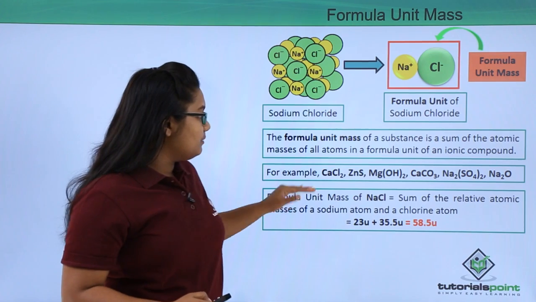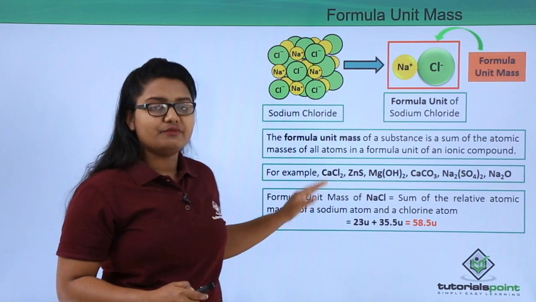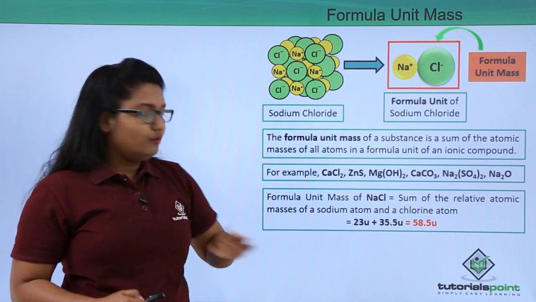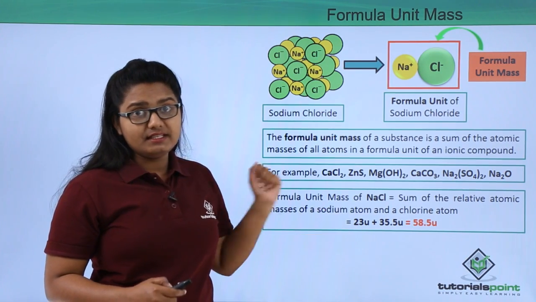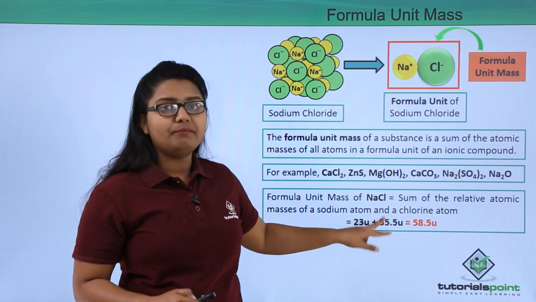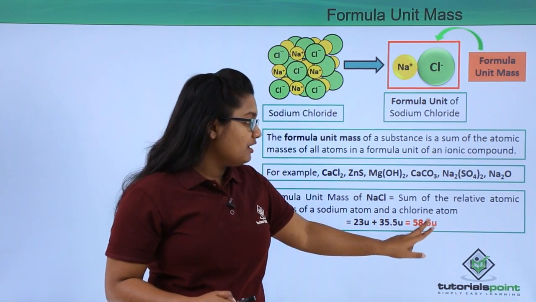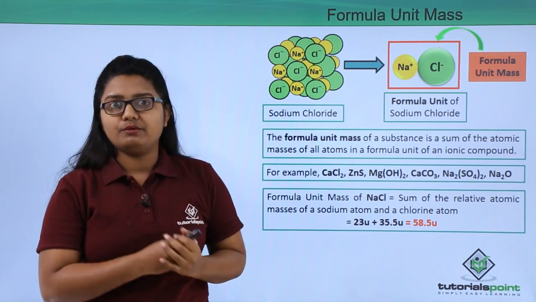That is, the formula unit mass of sodium chloride is the sum of the relative atomic masses of a sodium atom and a chlorine atom. We all know that the relative atomic mass of sodium is 23U and the relative atomic mass of chlorine is 35.5U, which add up to give a mass of 58.5U, which is the formula unit mass of sodium chloride.